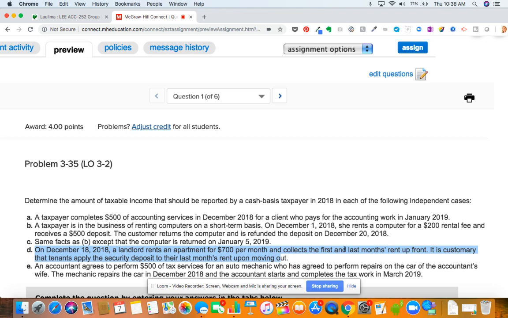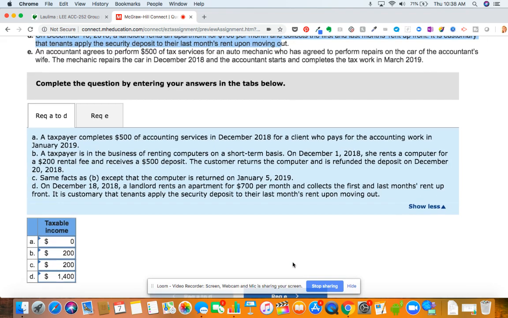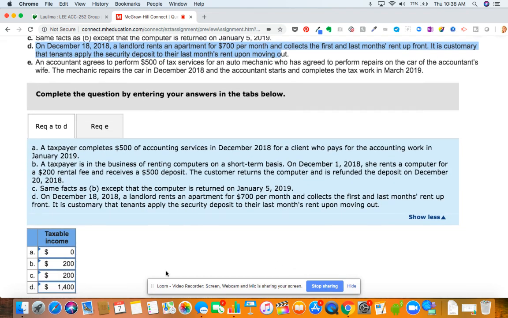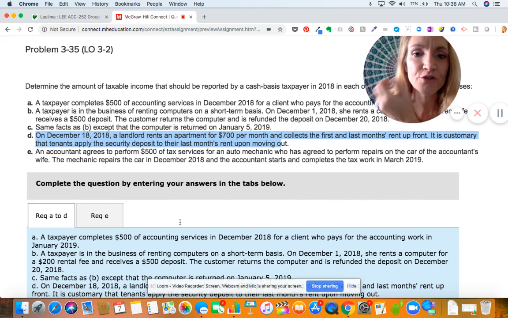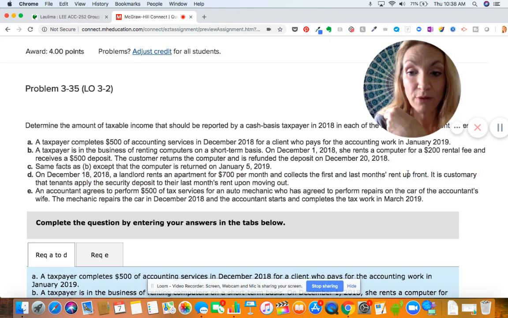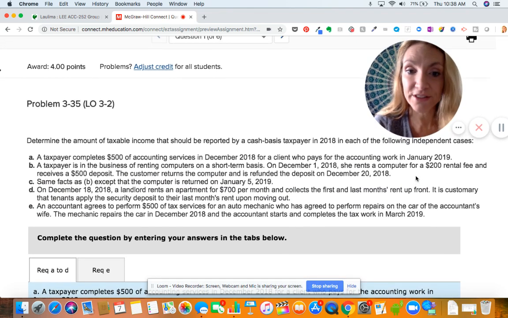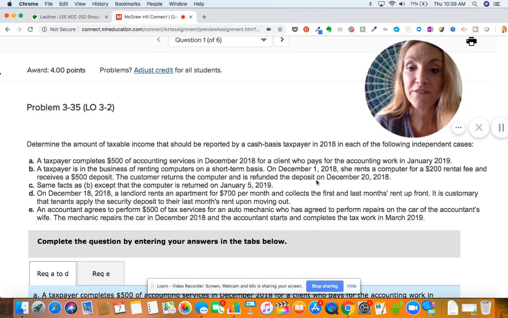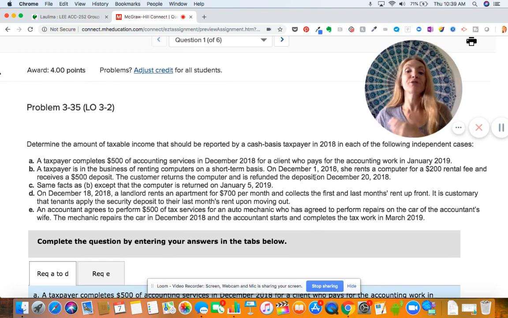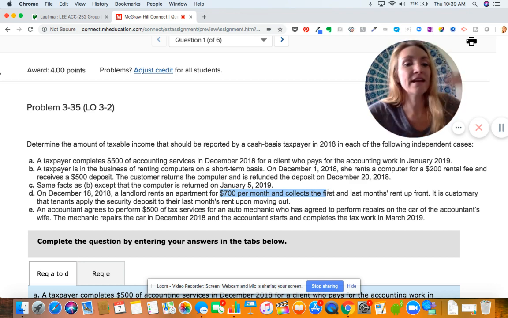I don't believe it matters that it's customary for the deposit. Let's see what they said. This is D, $1,400. So they're saying that because they collected first and last month's rent up front, it's both income. There's no deposit here. If they had said first month and deposit, that would be different. That second sentence, I think, is kind of there to confuse you. But since they received income up front and it wasn't a deposit, it's income.